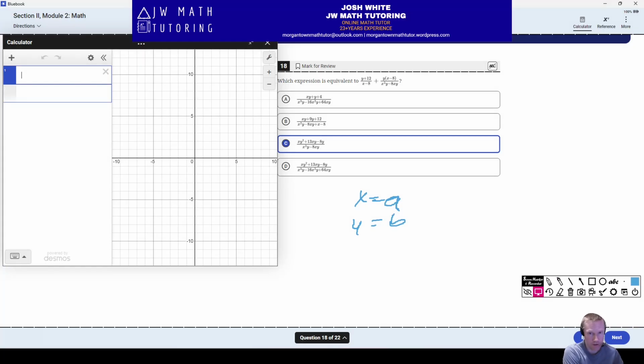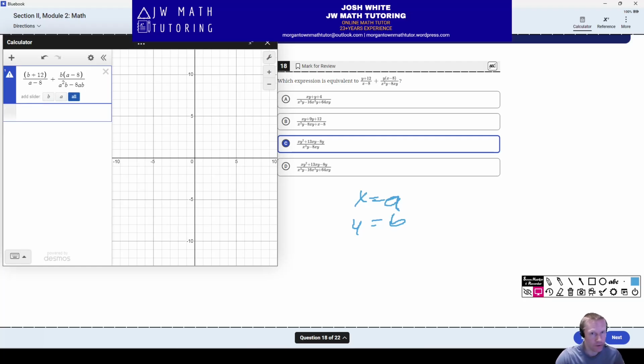And then we're just going to match the values of the expressions. So B plus 12 divided by A minus 8, and then plus B times A minus 8 over, let's see, it's going to be A squared B minus 8AB.